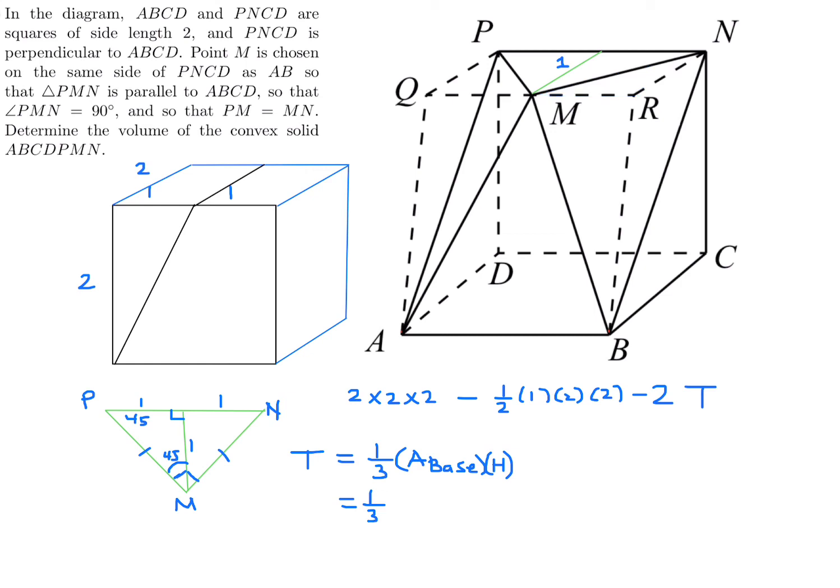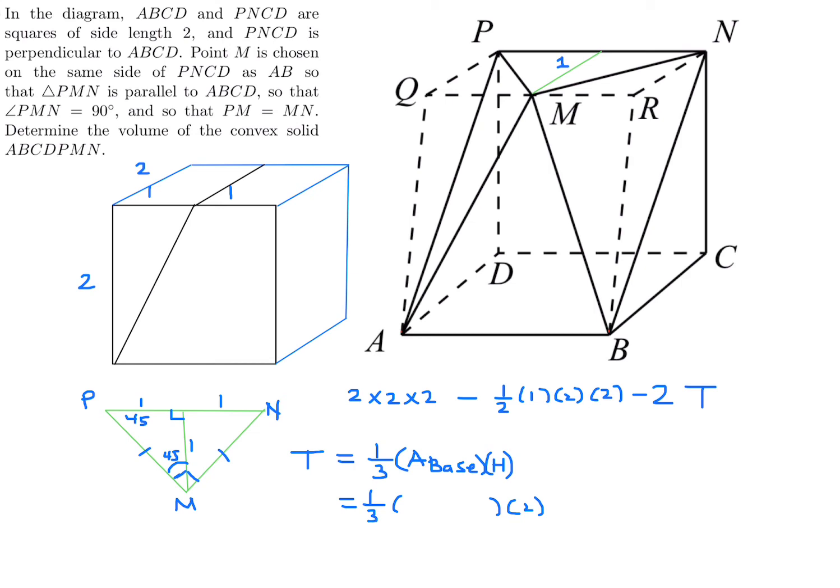And the height is top to bottom, like that. Top to bottom actually would be represented better by that line right there. And that's just 2. So the height is the easy one. The area of the base won't be that difficult. We just have to do a little bit of calculation there.